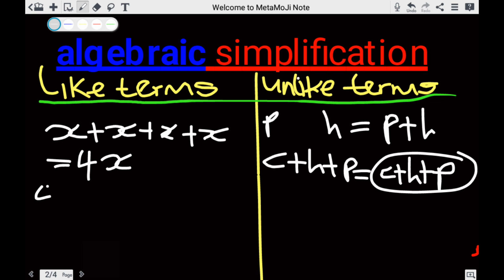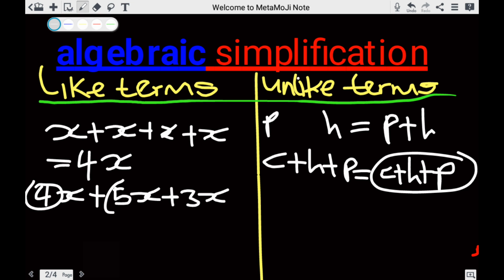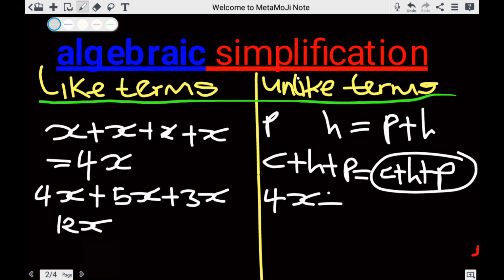So what is 4s plus 5s plus, let's say, 3s? Technically 4 plus 5 is 9, and 9 plus 3 is 12. So it's 12s, because they are like terms. But what about 4s plus 7y?